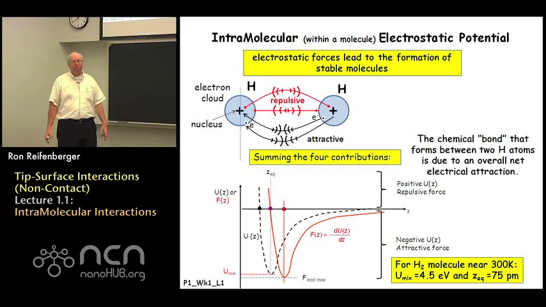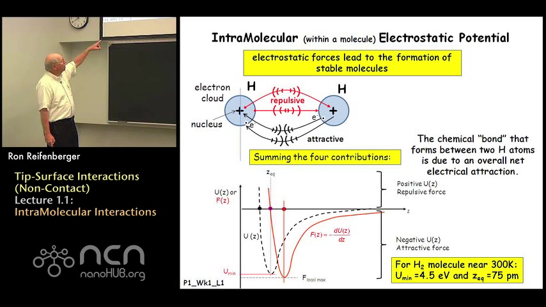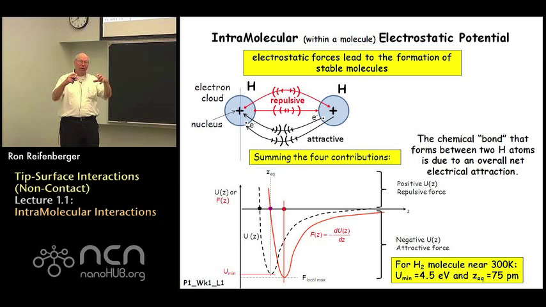You have to sum them up, and if there's a minimum in the electrostatic potential energy, then the location of that minimum tells you where one hydrogen atom is going to be located with respect to the other. So that whole process is schematically indicated by the graph on the bottom of this view graph. In particular, we're focused on the dashed curve. The dashed curve shows the typical electrostatic interaction potential energy between these two hydrogen atoms as they're brought close to one another.